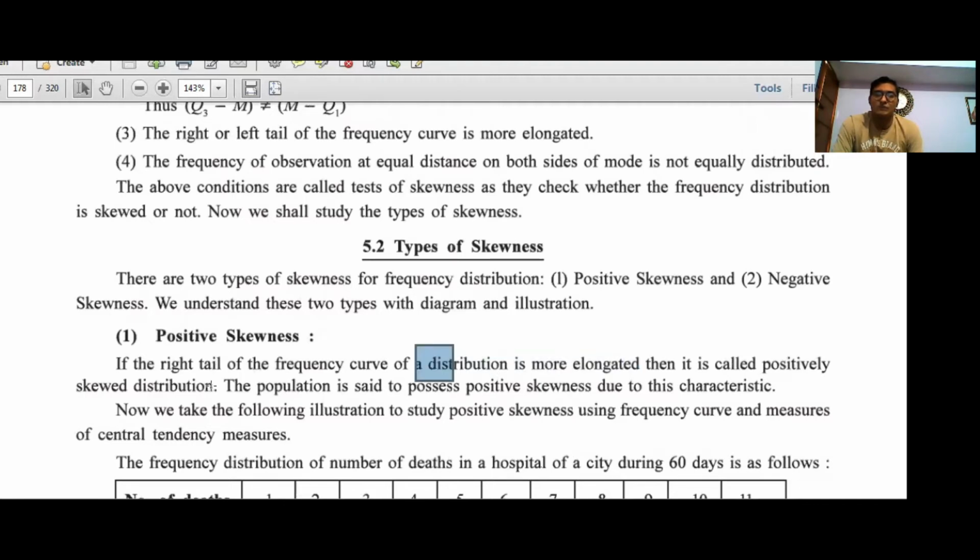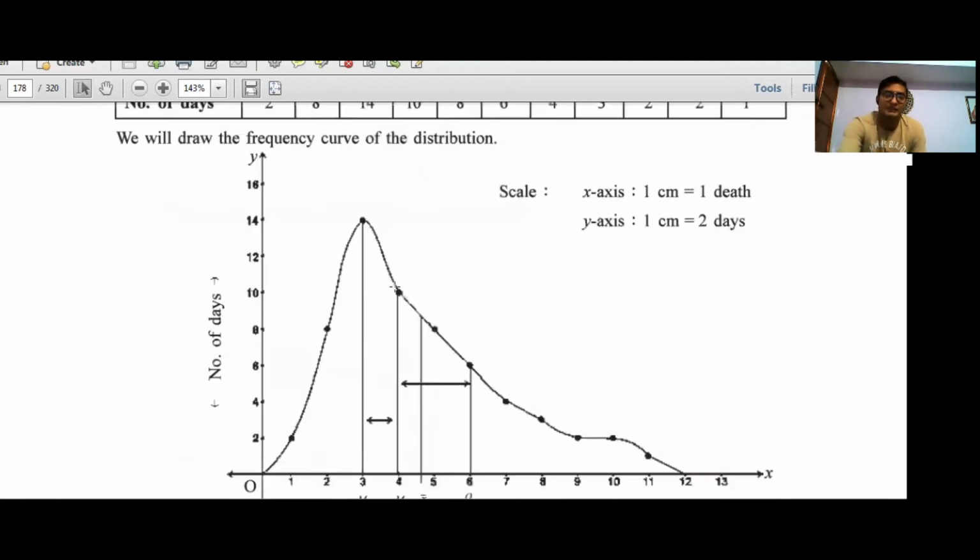Then it is called positive skewness. Okay. Here is a graph for right elongated, that we call positive skewness. So here you can see clearly that it is more stretched to the right hand side.